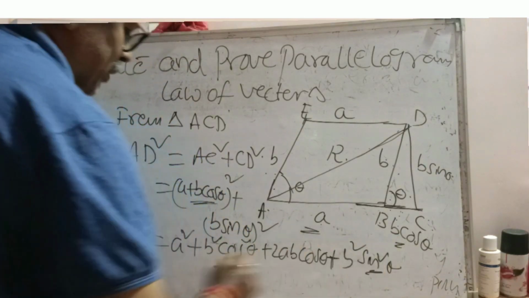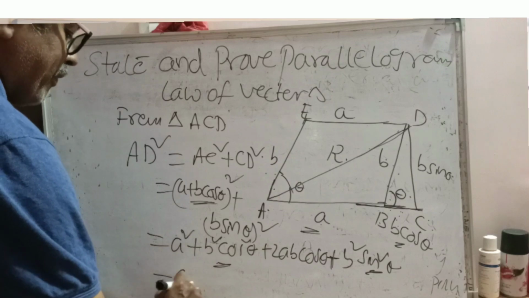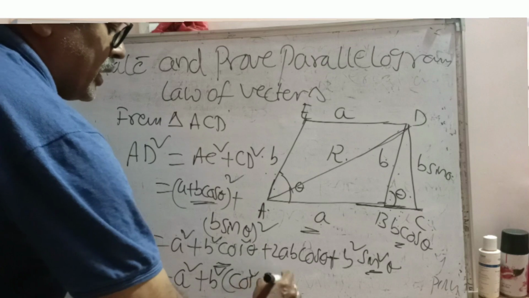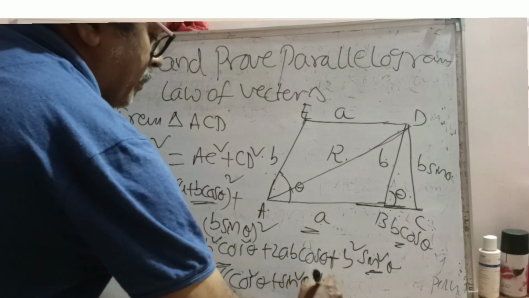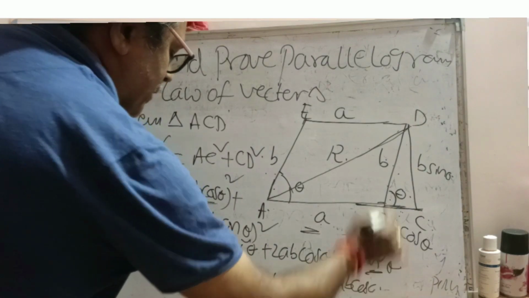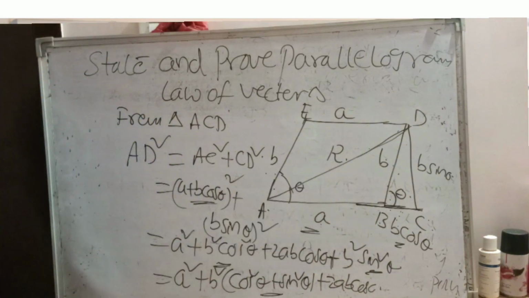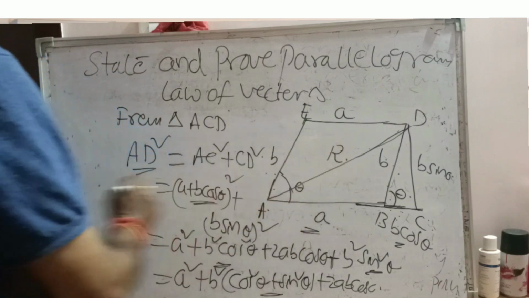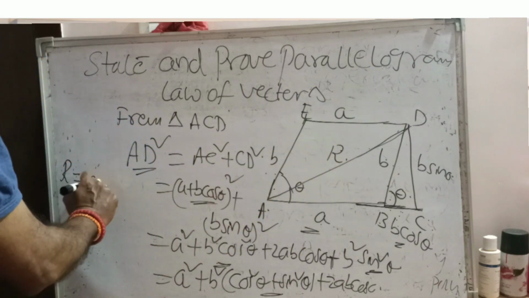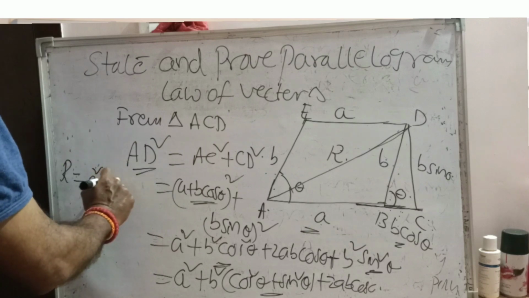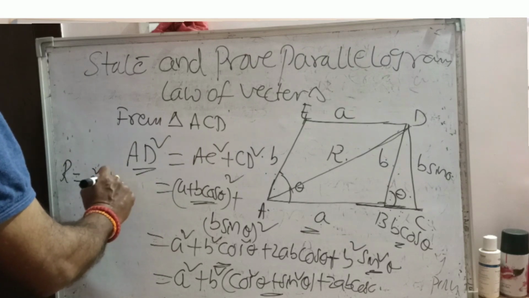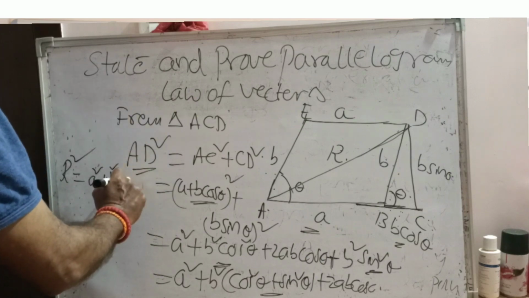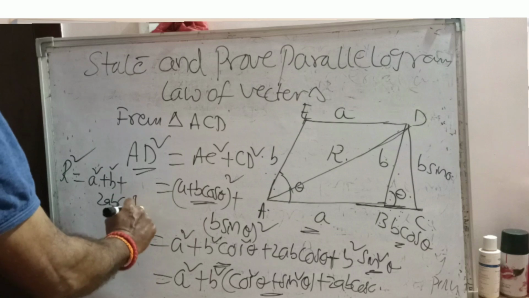Let us write these two terms side by side and take out the common factor B square: A square plus B square (cos square theta plus sin square theta) plus 2AB cos theta. Cos square theta plus sin square theta is nothing but 1. AD is nothing but the resultant vector R. Therefore, R square is equal to A square plus B square plus 2AB cos theta.